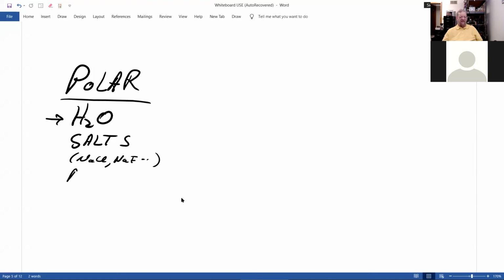And another one, alcohols like ethanol or isopropyl alcohol are polar. Now, an example of something polar, which you don't know, but I do because it's technically an alcohol, not the kind that gets you inebriated, would be sugar. Sugar technically is an alcohol. It's also called a carbohydrate, but sugar is polar.